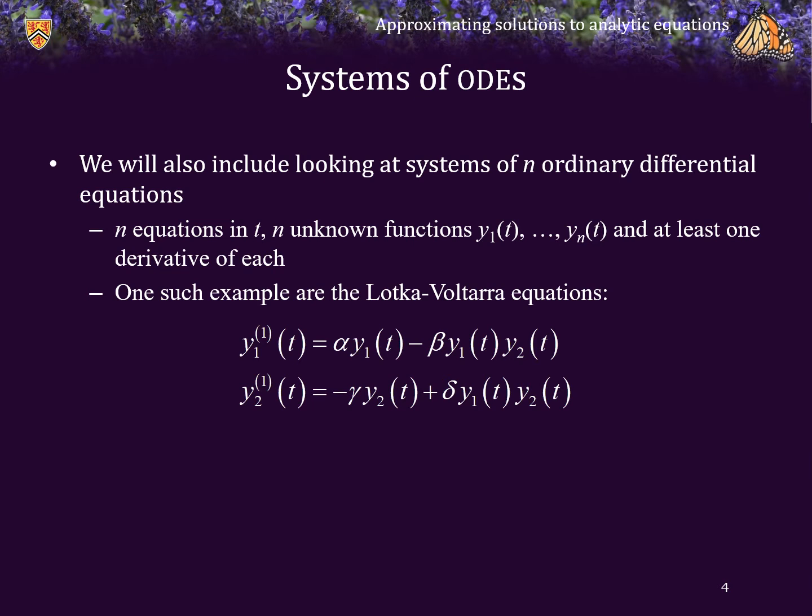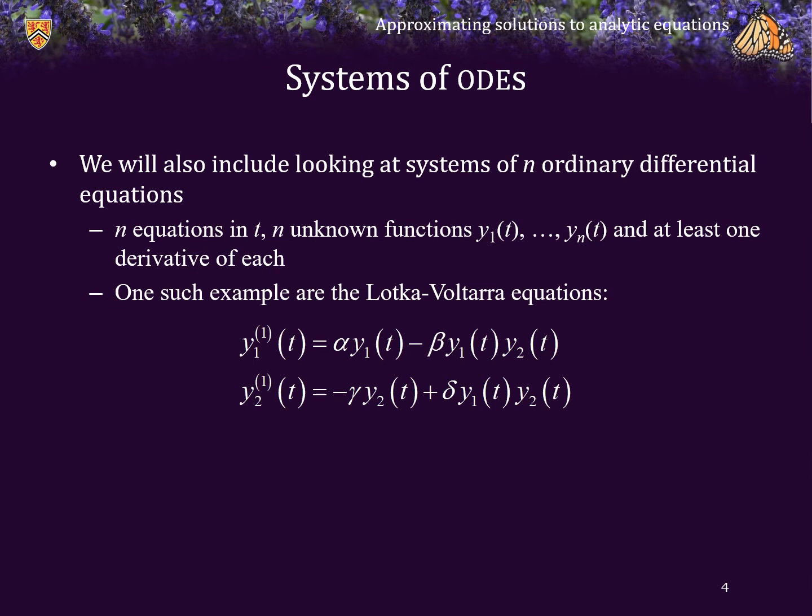Here the derivative of the first function is a product of a known coefficient alpha times the first function minus beta, which is known, times a product of the two functions. The derivative of the second function is negative gamma, again a known constant, times the second unknown function plus delta times the product of the two functions.